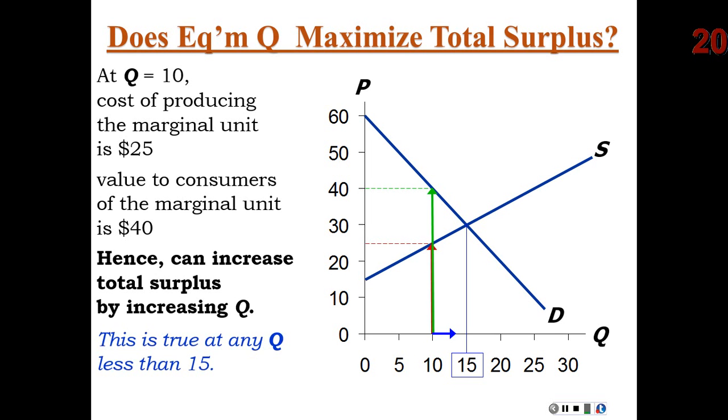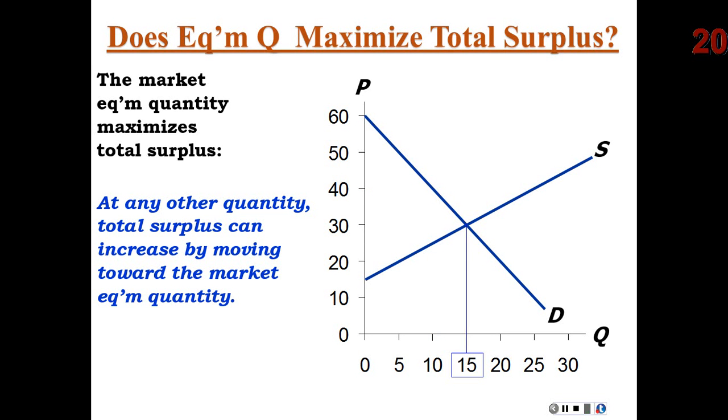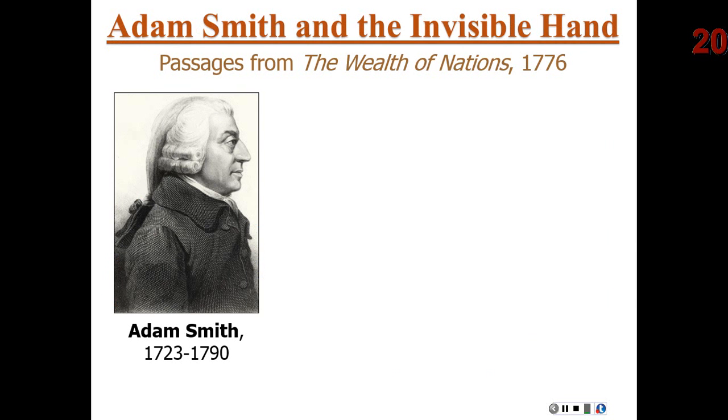In other words, equilibrium really does maximize our total surplus, and we cannot increase it by deviating from equilibrium. So basically what we've illustrated is that a competitive free market with good information really does maximize efficiency and economic well-being in the marketplace for market participants.